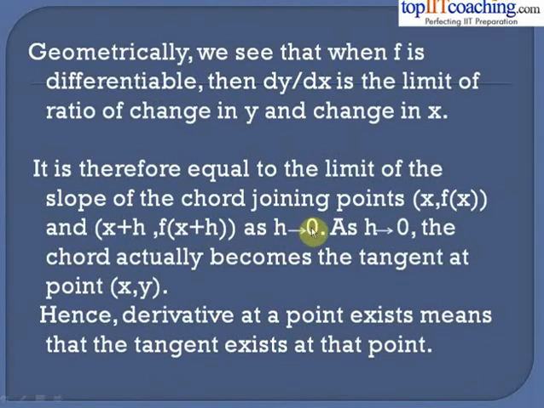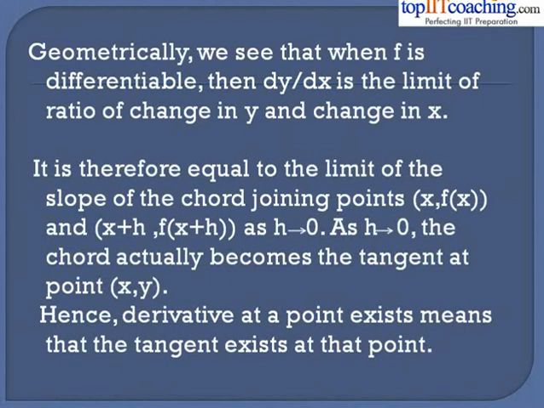Now when h tends to 0, the chord actually becomes the tangent at the point (x, y). So we see that f dash x is nothing but the slope of the tangent at the point (x, y). Hence we say that the derivative at a point exists means that the tangent exists at that point, or a unique tangent exists at a point.